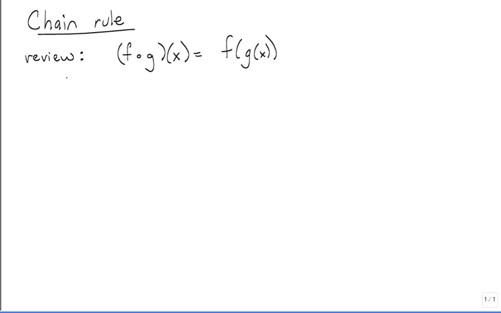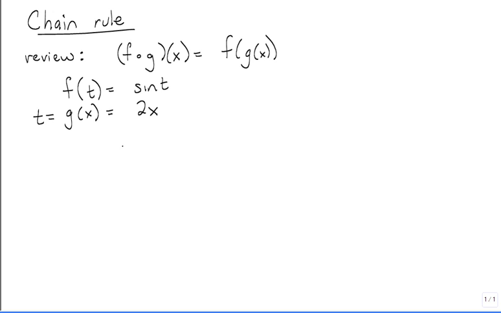it looks like that. Suppose f of t is sine t, and g of x is 2x, and let this be equal to t.